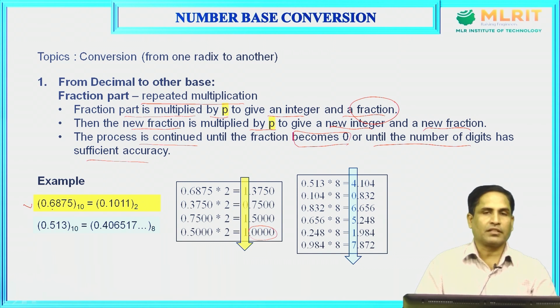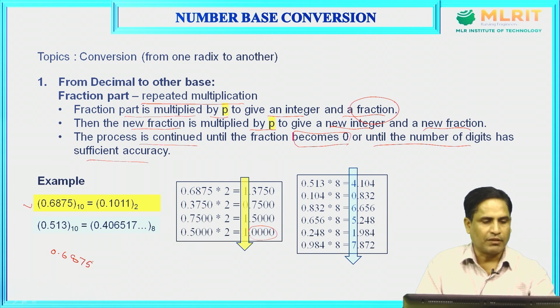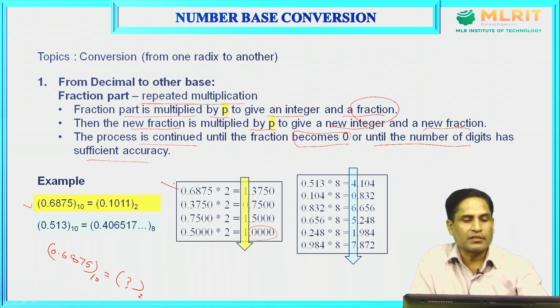So the example is 0.6875. Obviously the number is given in the decimal number system and we have to convert it into the binary number system. So the process is that this fractional part must be multiplied by 2, the destination base, the radix, and we get the answer in the first step of multiplication. Now we again take this fractional part 0.3750, multiply again, and we get this number.